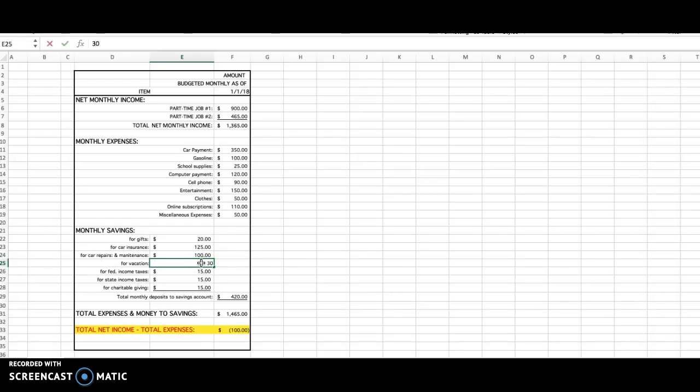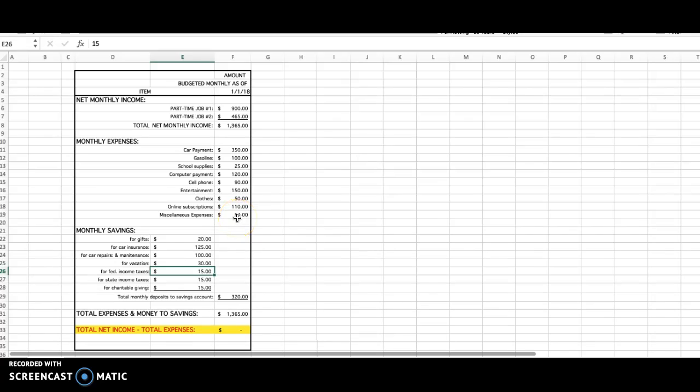And you can change any one of these numbers here and any one of these numbers here. But the idea in the end is that you want your total monthly income to equal the total amount of money that you pay for expenses and the amount that you put into savings.